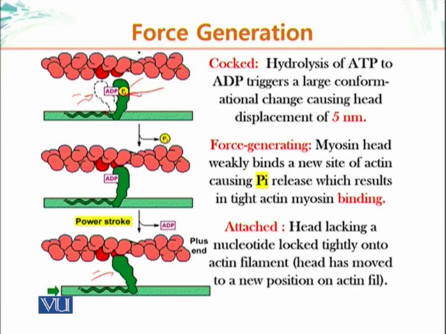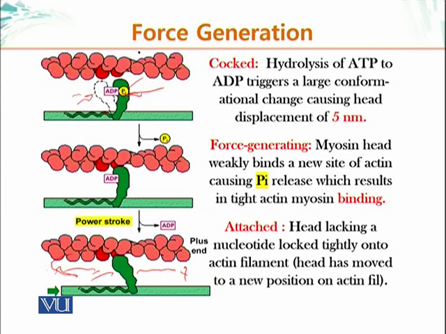It snaps back, and now it has moved this actin filament 5 nanometers in this direction. So the plus end is here. This protein is moving towards the plus end. All things being relative, the motor protein is not moving. It is the actin filament which is moving along the head of this myosin.